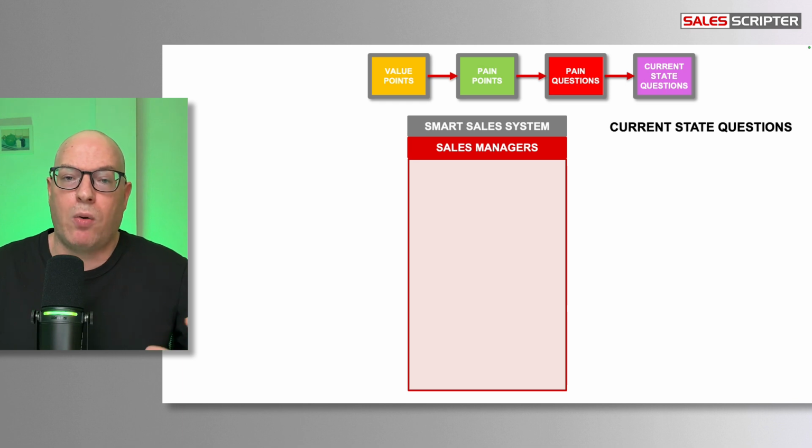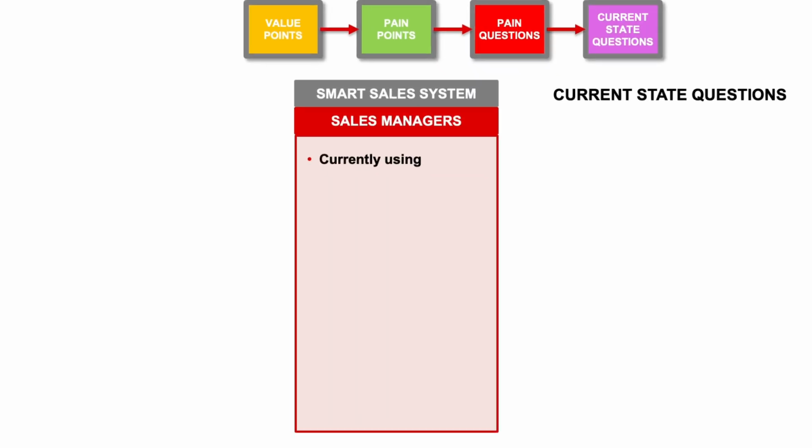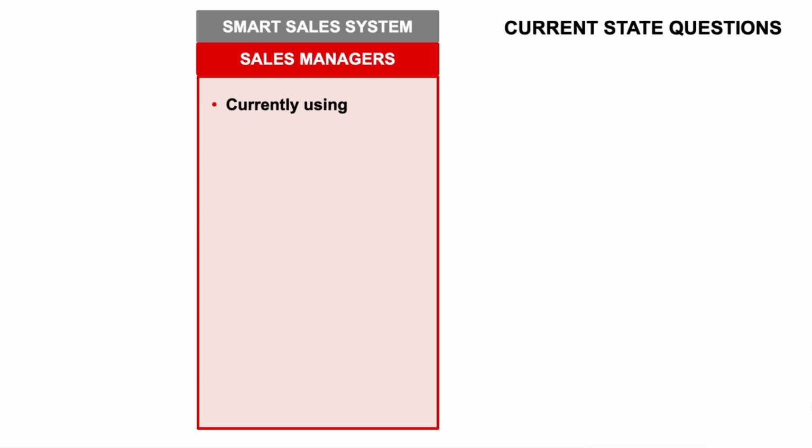Now, the current state questions you need to ask are going to be unique for your product or service. But I've created a list of different types of areas that you'd probably want to ask about. You probably want to ask a current state question to see if they're using something in the area where you sell, to see if they've already bought it, if they're with a competitor, figure out who they're currently buying from or who their vendor is, and ask questions about current systems and current processes.